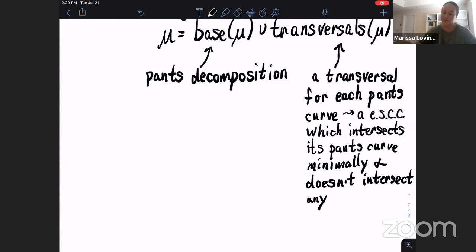There's a more precise definition, but I don't think it's very enlightening, so I'm just going to give this as the way we're going to talk about them.